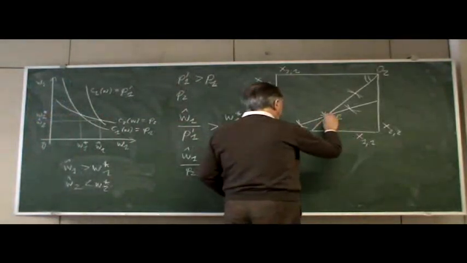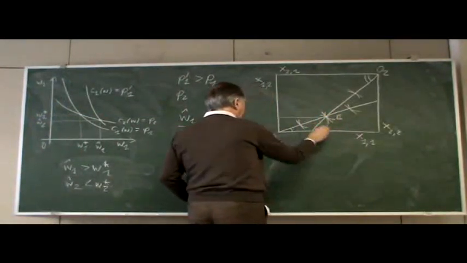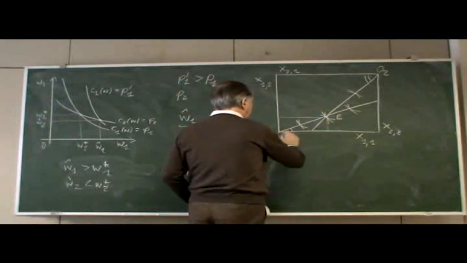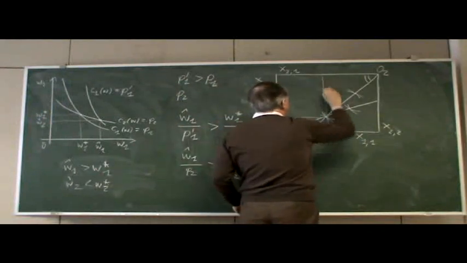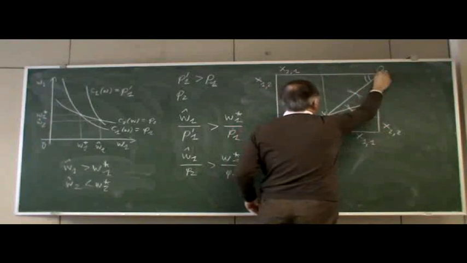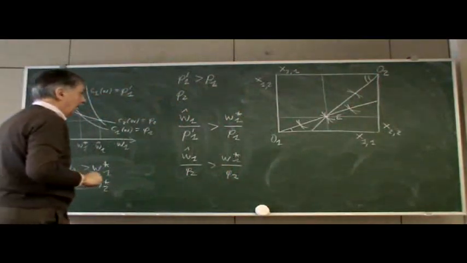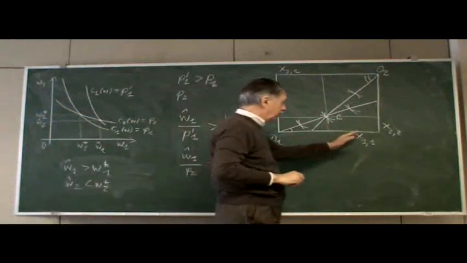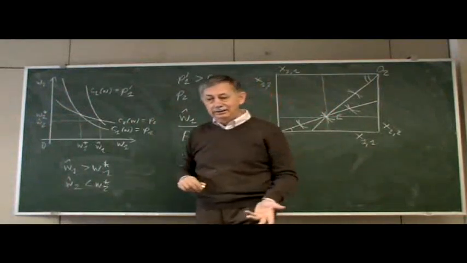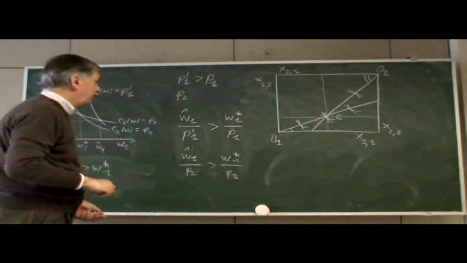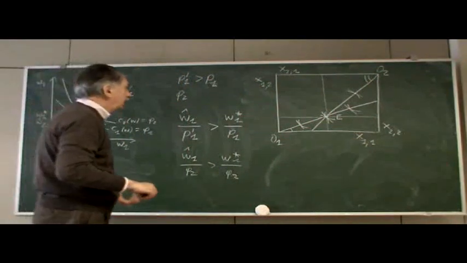The first firm will employ these quantities of factors, while the second firm will employ these quantities of factors. And the total available quantities are entirely employed.